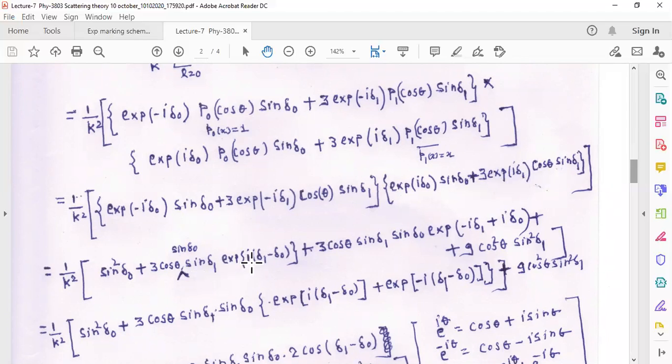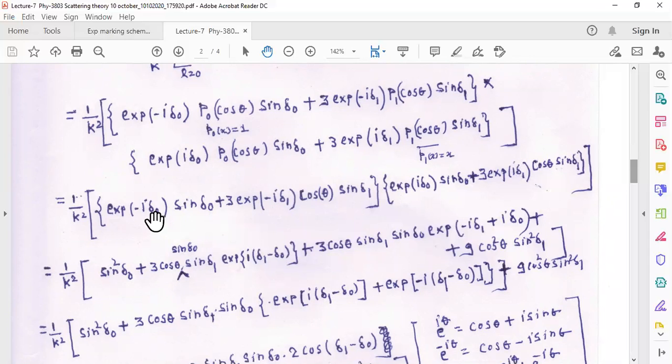Sine delta 1, exponential of minus i delta 0, and this is exponential of i delta 1. So this exponential of i delta 1 and exponential of minus i delta 0, I combine this term. You see, I get this exponential of i delta 1 minus i delta 0. I hope you understand this step, right? That step you please take care of.